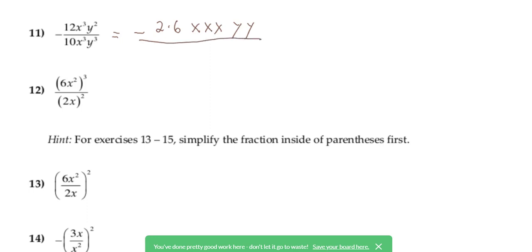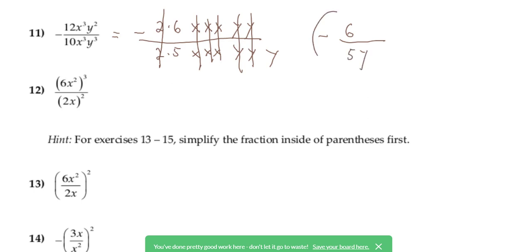And on my denominator, I'm going to write 10 as 2 times 5. Again, 3 x's and looks like 3 y's. And when we cancel, let's see what we have left. Looks like I have a negative 6, and on the bottom I have 5 and a y. So that's my answer for number 11.